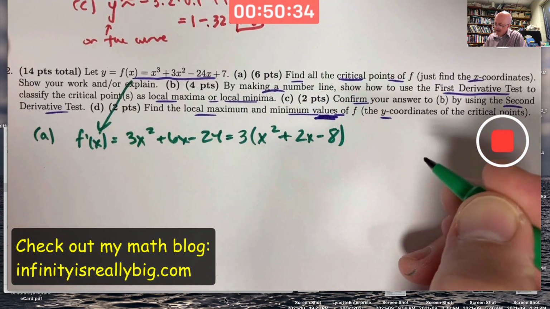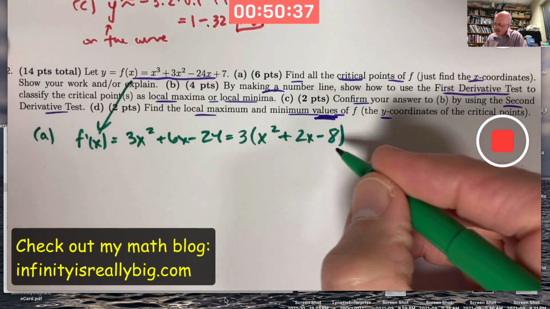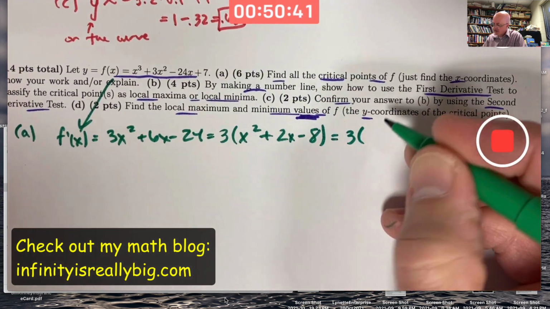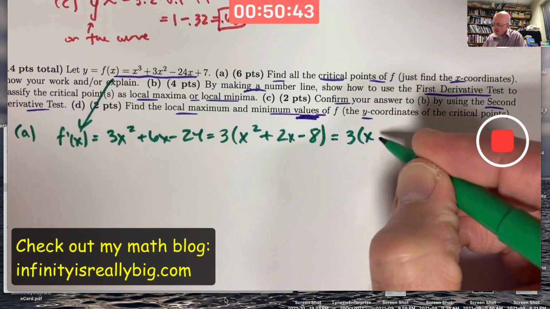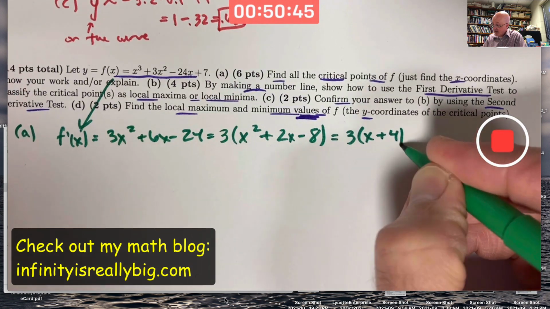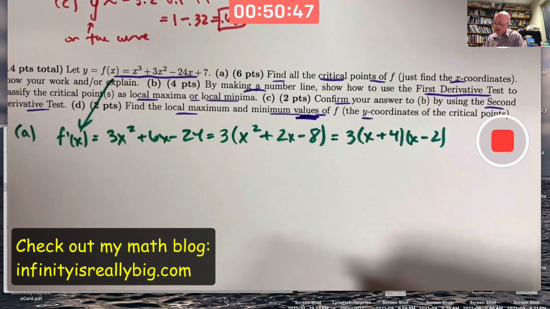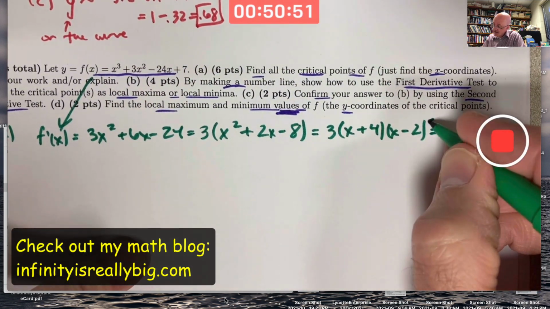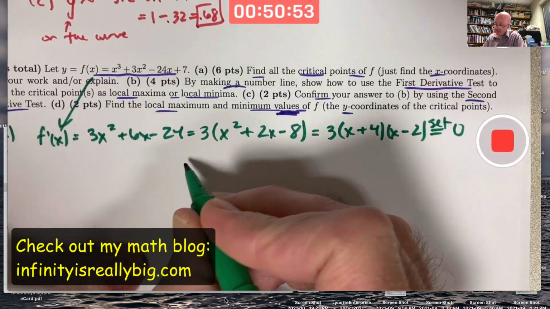You could use the quadratic formula, but I can also see that this is easily factorable. This is 3 times, in parentheses, x plus 4 times x minus 2. A little experimentation would have revealed it. You could double check that by foiling. Set this equal to 0 and solve for x.